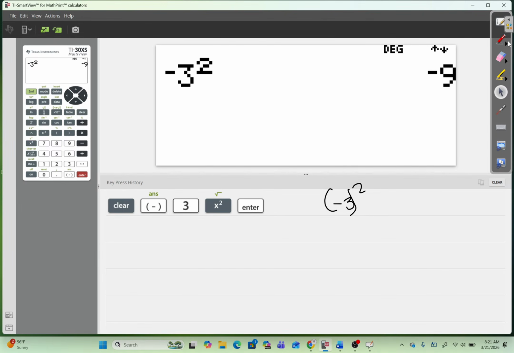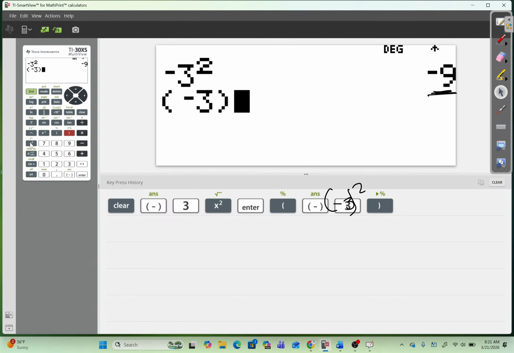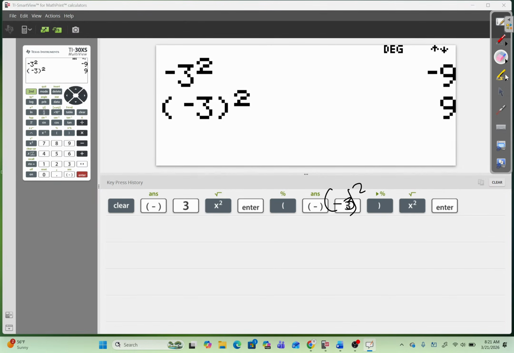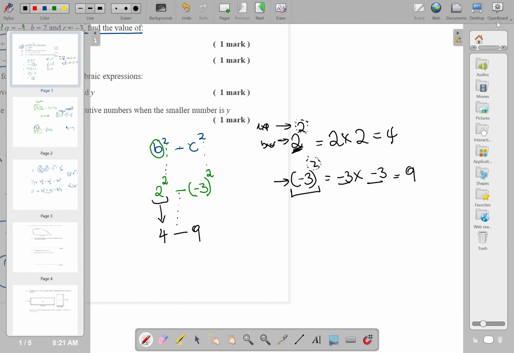I'm going to get -9. So you have to ensure that you put the brackets so that the calculator knows exactly what you want it to do. When I put the brackets, it gives me the actual answer that I'm looking for, which is +9, because 2 negatives, when they multiply, give you a positive.